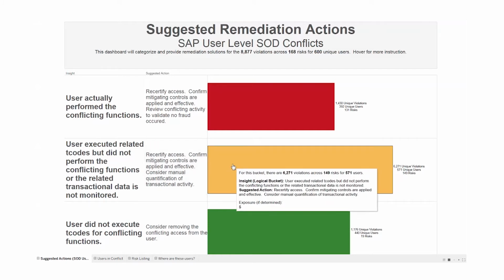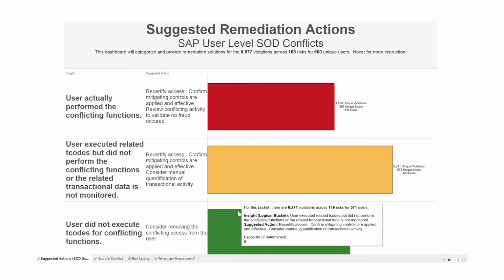When looking at this, we can see the potential exposure according to our transactional analytics is 0. We would therefore suggest that you potentially remove the violating transaction codes from the users and ensure that the users start using the correct transaction codes. That is display only and will probably not violate.